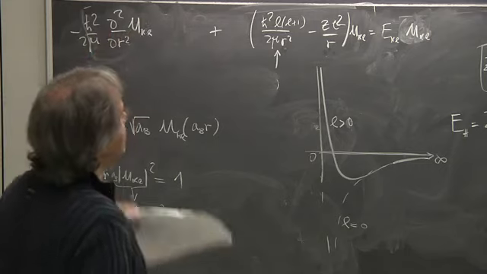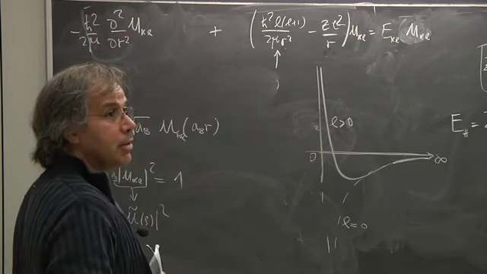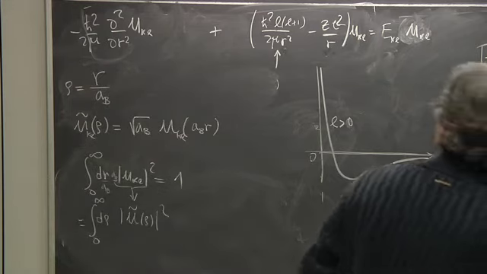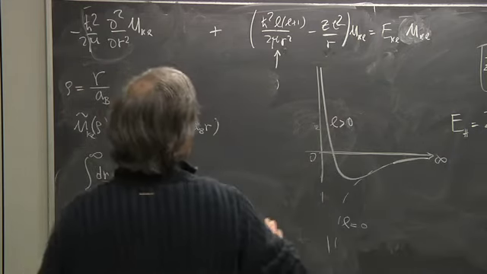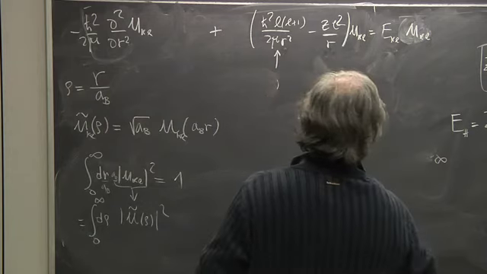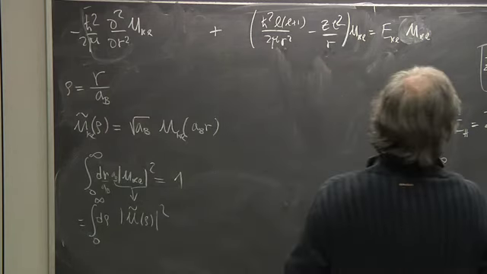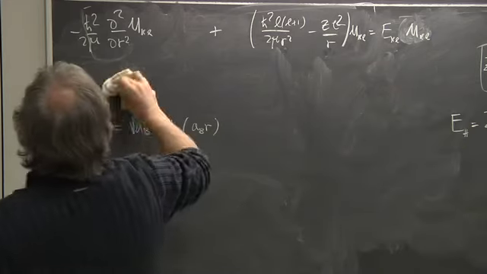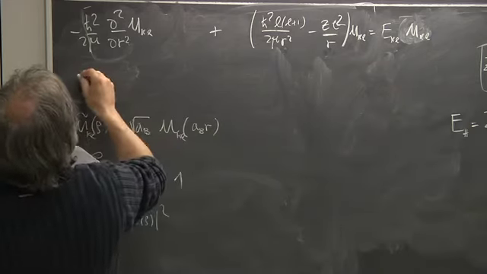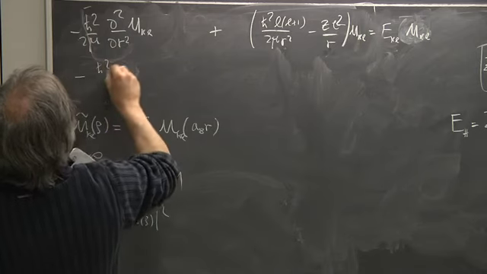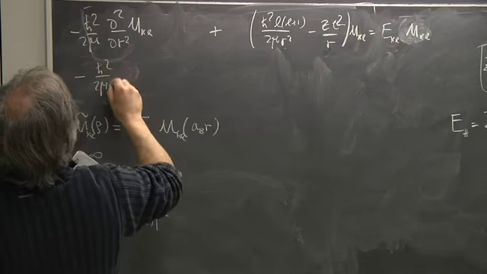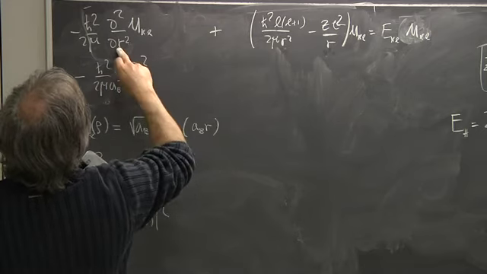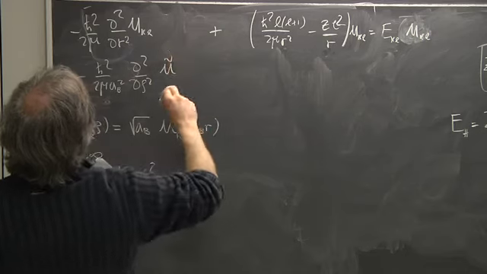And in terms of this, you might be surprised, or maybe not, to discover that the equation is extra simple. Let's see. It looks like the following. From here, I have minus h bar squared over twice the mass times Bohr radius squared, second derivative with respect to rho of u tilde, okay?